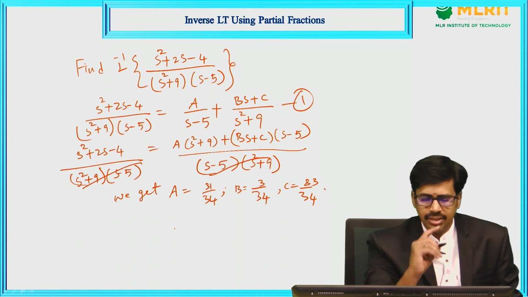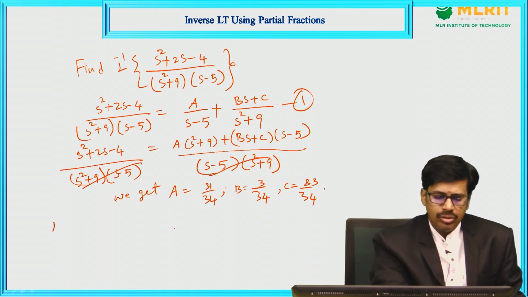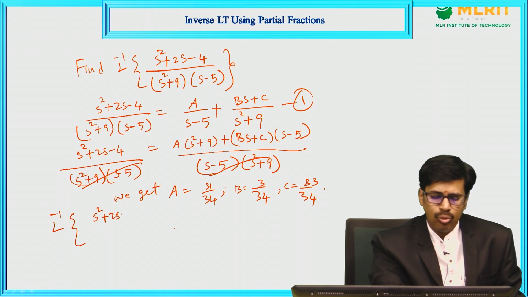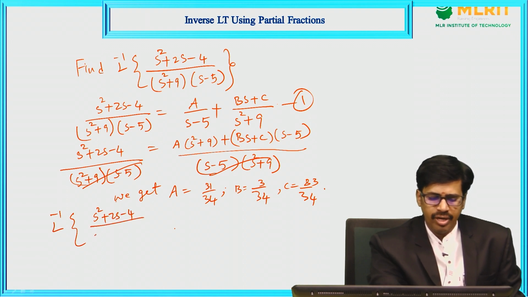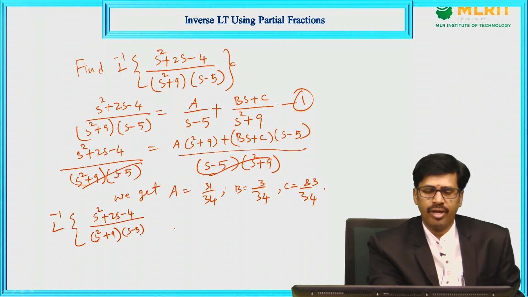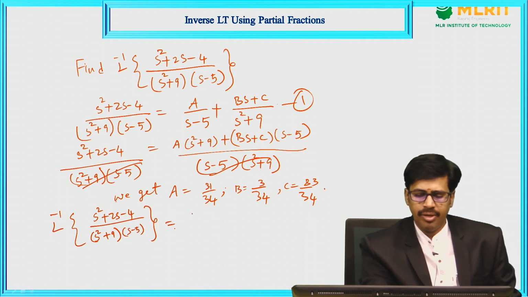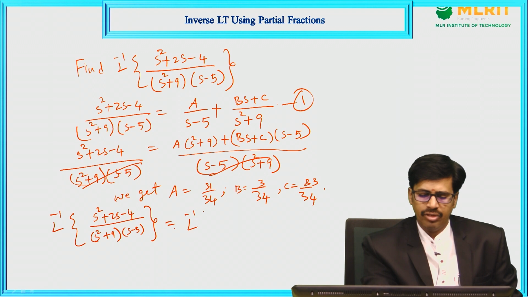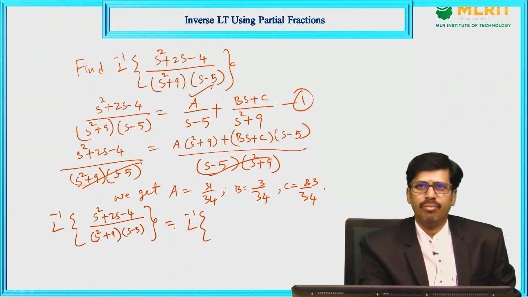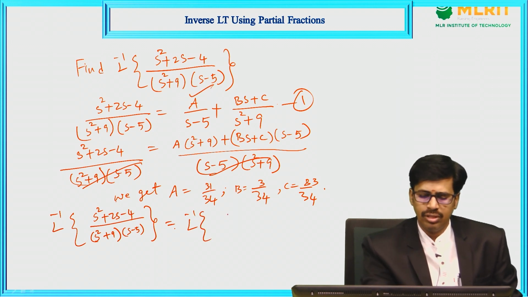So, L inverse of (s square plus 2s minus 4) divided by (s square plus 9) into (s minus 5). This can be written as L inverse of, here a by (s minus 5) is there, a value is 31 by 34.